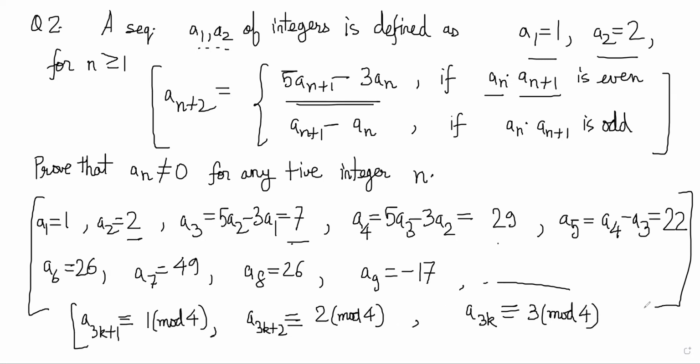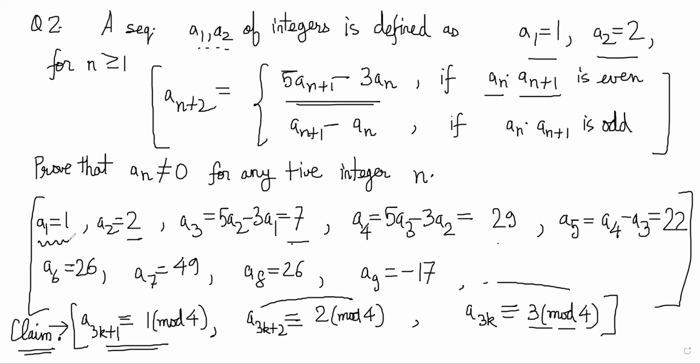This basically covers all possible a(k)s, because we have partitioned the indices into three types: numbers divisible by 3, numbers having remainder 1 with 3, and numbers having remainder 2 with 3. We can easily check this now.